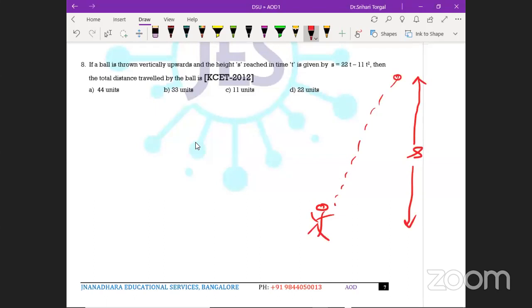Then the total distance traveled by the ball is, yes. They have given the displacement. Right?